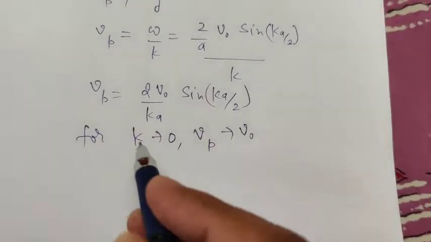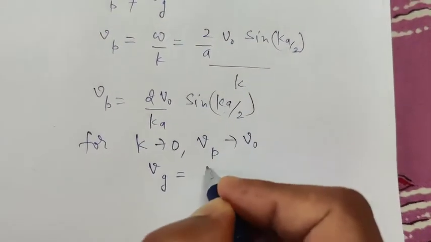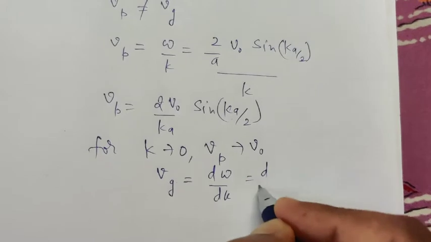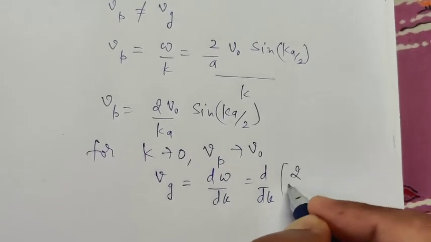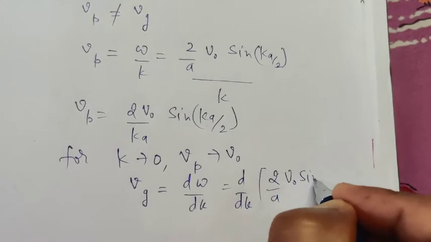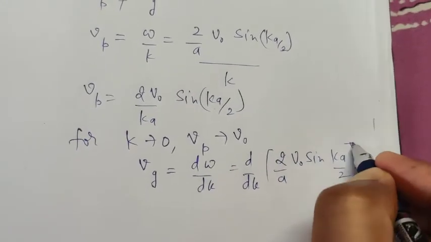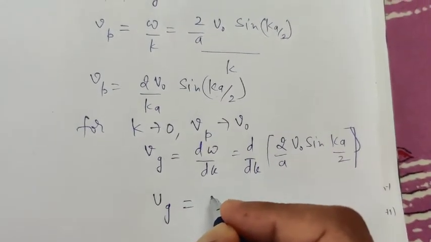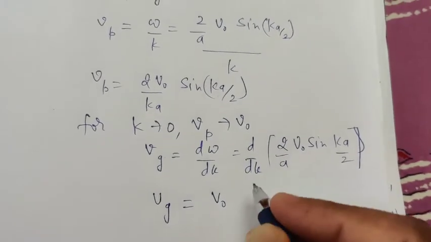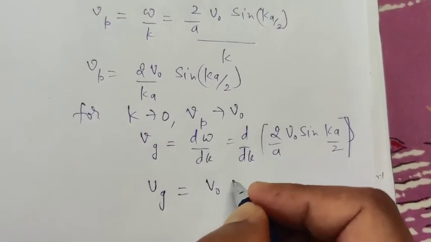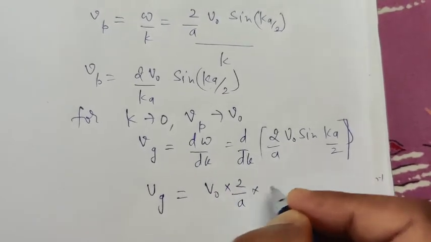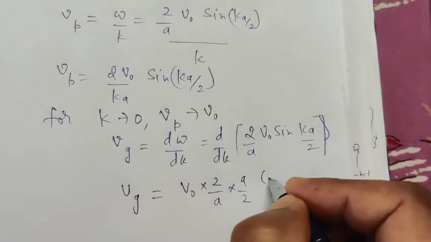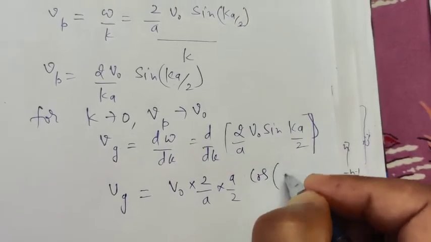So now Vg will become d omega upon dk. So we will differentiate d upon dk of 2 upon a, v naught, sine k a upon 2. So Vg will be v naught, 2 upon a into the argument, which will be a by 2, and this will be cos k a by 2.